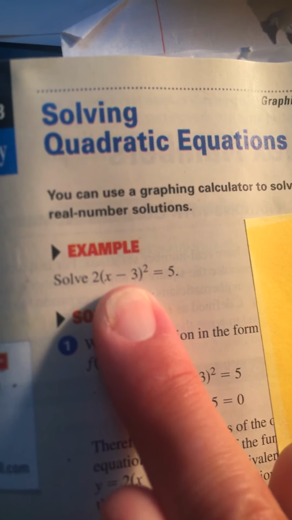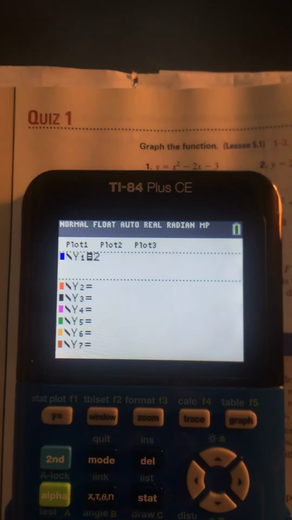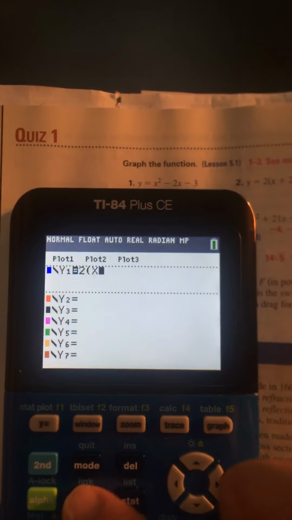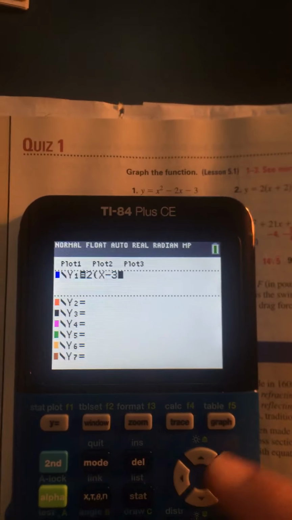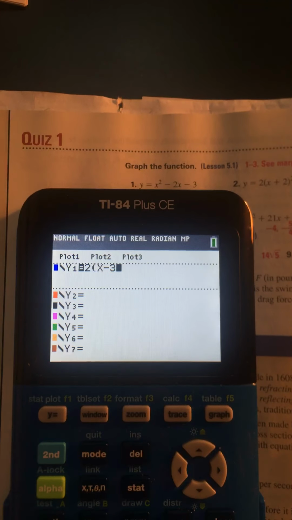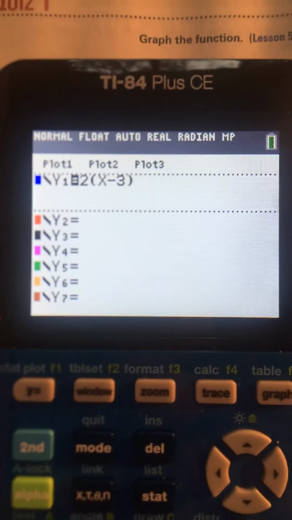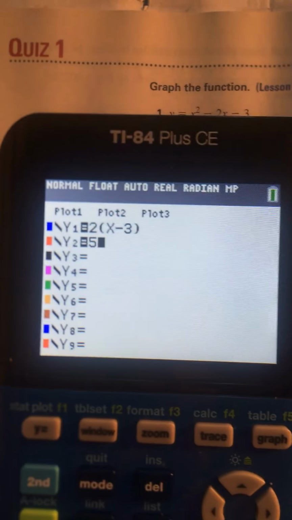So I'm going to put this half of the equation in first. 2, beginning parentheses, x minus 3, in parentheses, squared. Now I'm going to arrow down, and I'm going to put what it equals. And it equals 5, not negative 5, just 5. You put it in as written.